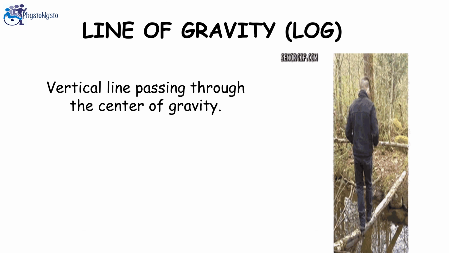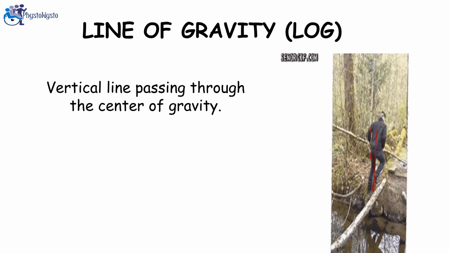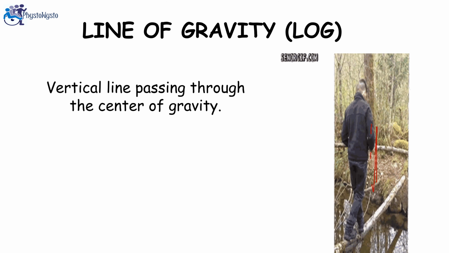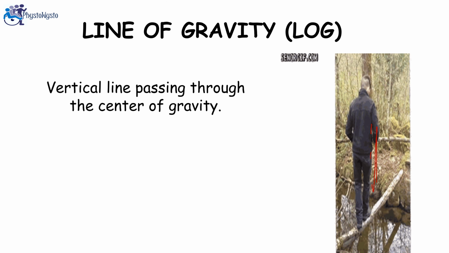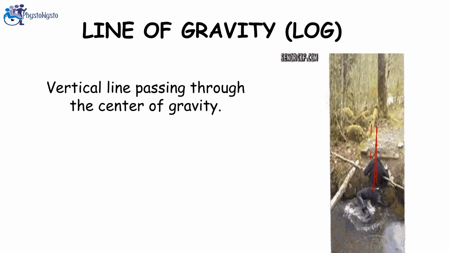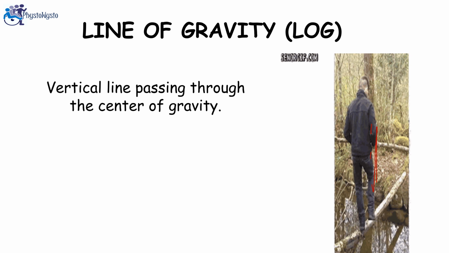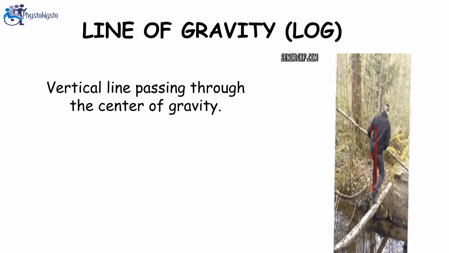The line of gravity is a vertical line projecting through the center of gravity. It is important to study it because the relationship of body structures to this line is subject to considerable variation in accordance with individual differences in posture and anatomical structures.